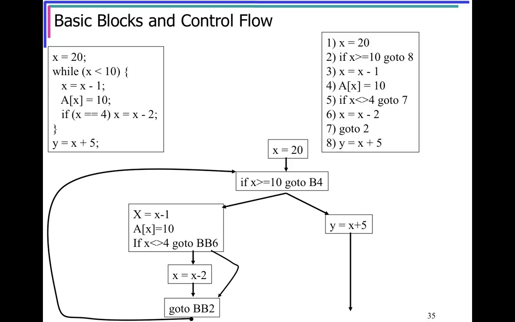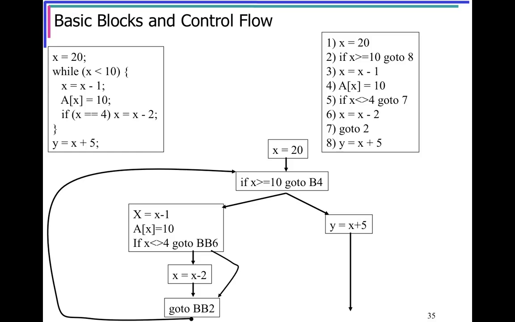So for the goto in the second basic block, we have a conditional branch. If that condition is true, it goes one way, and if it's false, it goes another way. And we can have direct, unconditional branches like the goto at the bottom, where the output of that basic block goes to the start of basic block B4 in this example.